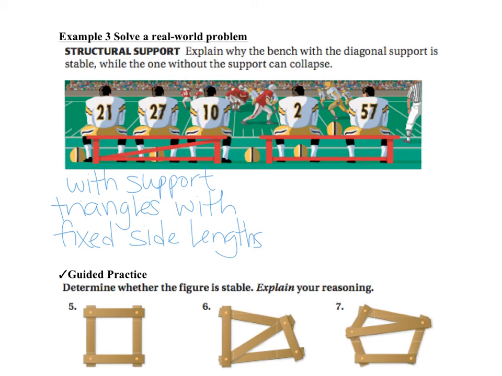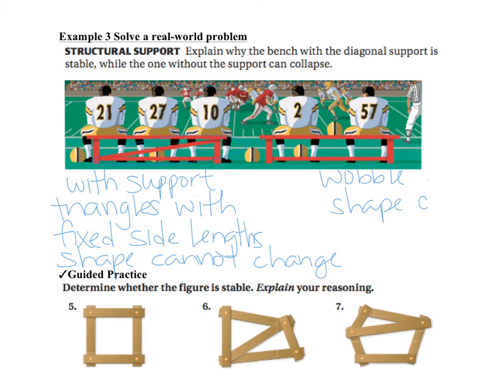These shapes will not change. And without, think about that, if there are big guys on there, this will wobble. So the shape changes.